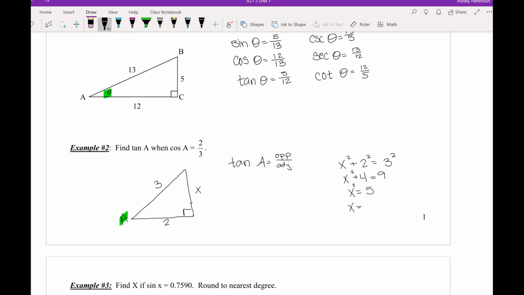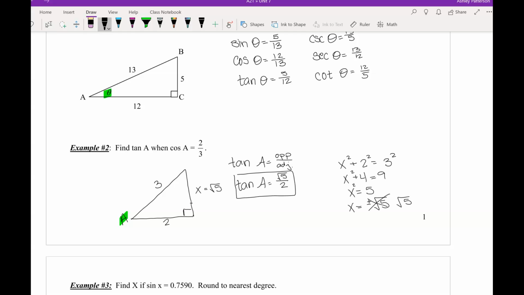Now, when we take the square root of both sides, we would do plus and minus, right? However, we're talking about length, so we only want the positive. So x is the square root of 5. Excellent. Okay, so then the tangent of A is the opposite leg, which is the square root of 5, over the adjacent, which is 2.